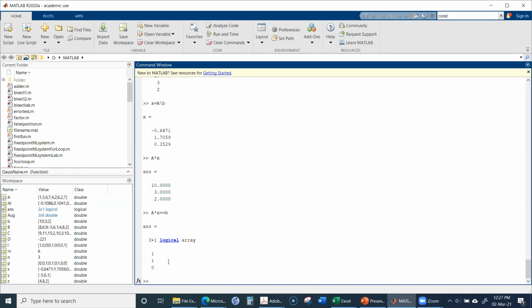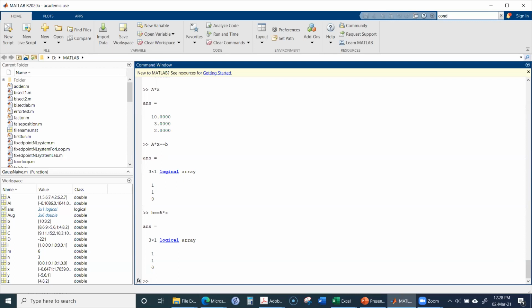But here it shows 0, maybe some truncation errors or something like that. I don't know. If I put B equal A star x, again 1 1 0. Anyway, maybe I just skip this point. But anyway, with this, we have checked that the solution was correct.